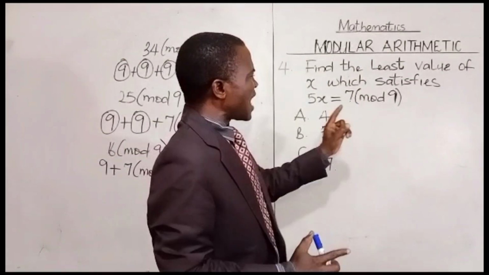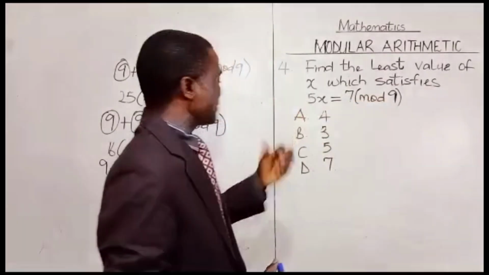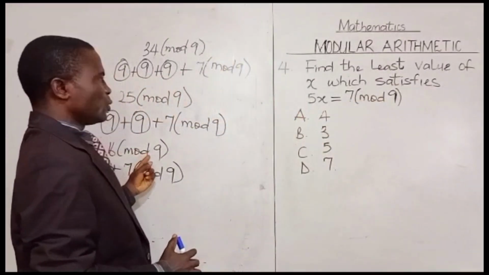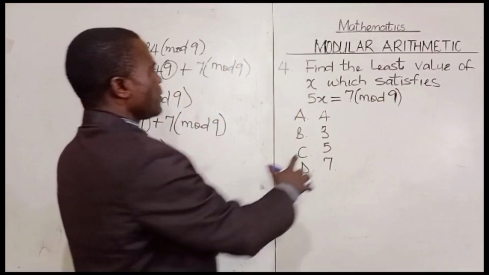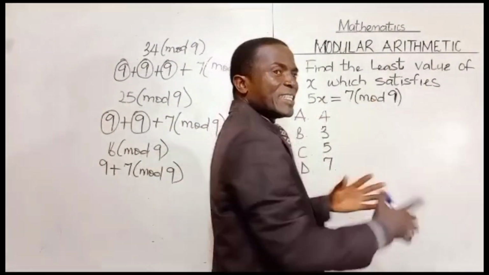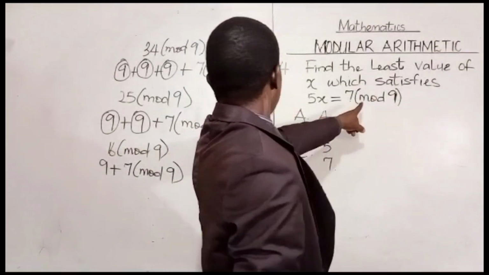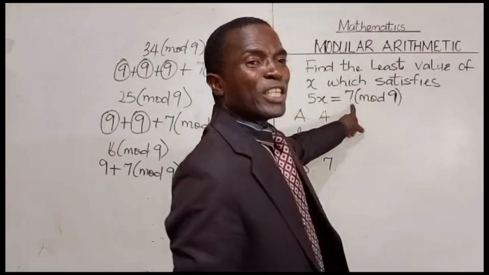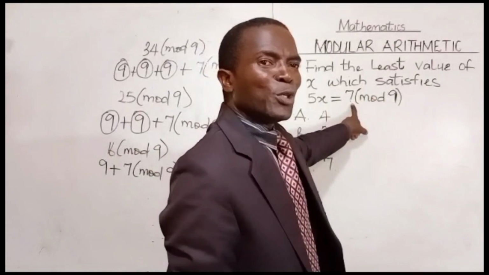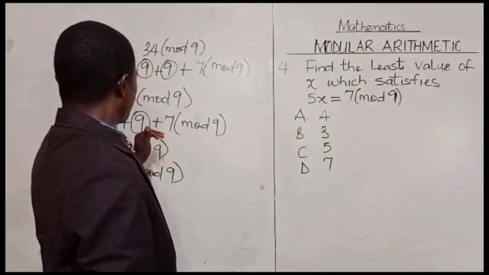So the number that has equal value with 7 modulo 9 is 16 modulo 9. So if I replace 7 modulo 9 with 16 modulo 9, it's still the same thing. I've not done anything different. But if I replace it, 5 cannot go inside 16 modulo 9. So let's try further.